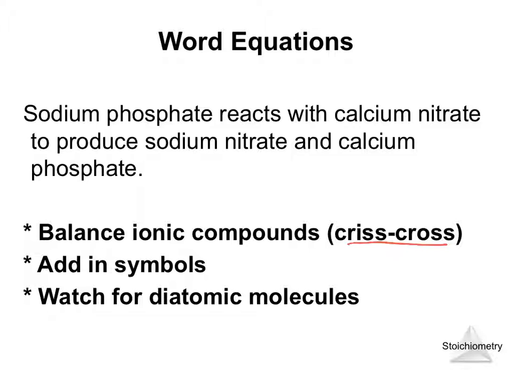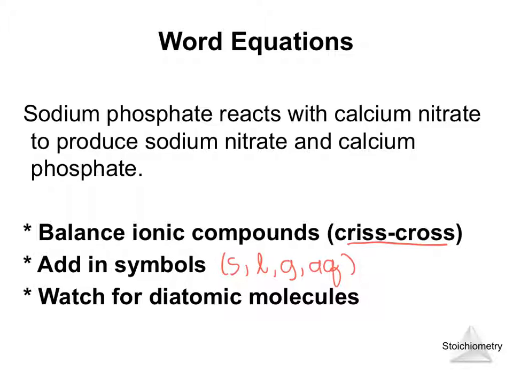We're going to show our work today in all of our stuff. Next, we're going to add in symbols. So that's going to be our solid, liquid, gas, or aqueous. For now, we're going to put them where we can, but eventually we'll be able to put them in everything as we get further in the chapter.